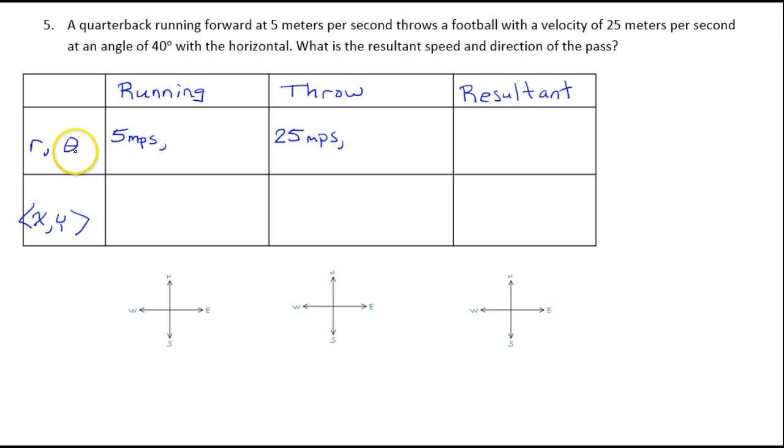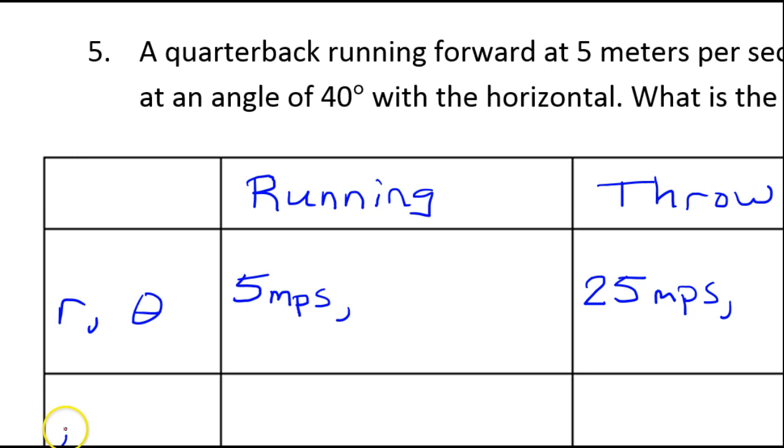So now we need to talk about the direction of the running and the direction of the throw. Now some students will get confused when you are trying to talk about direction, but the problem does not say anything about north, south, east, or west. So the key is basically you can pick whatever direction you want and just stick with it.